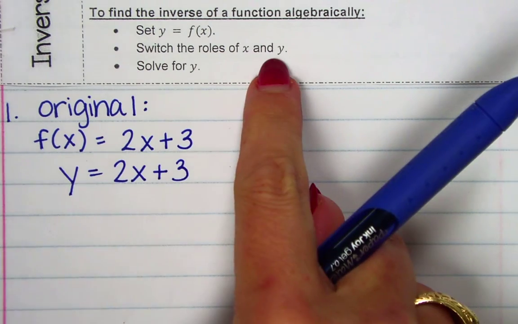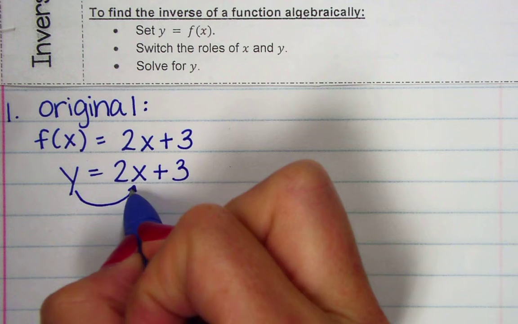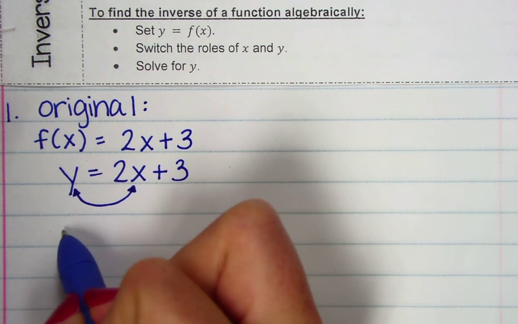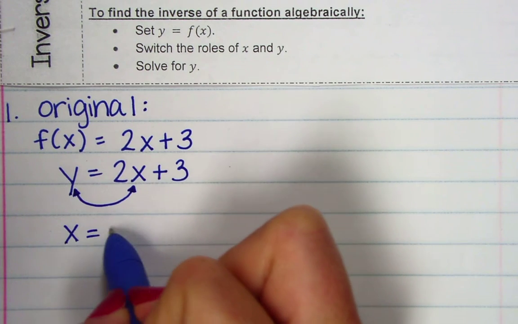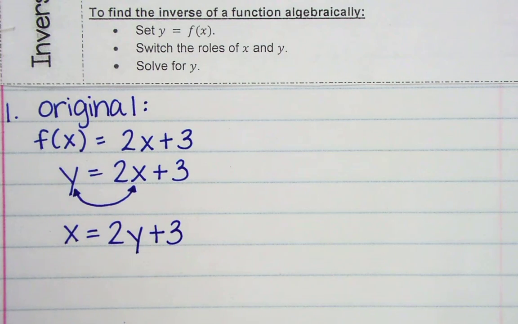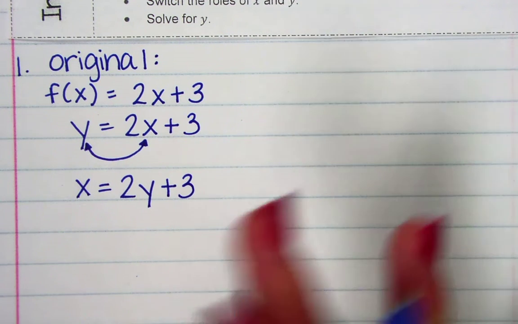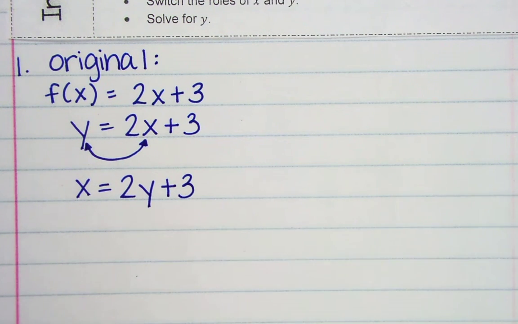Then step 2, switch x and y. I'm going to do this every time. So I'm going to rewrite it. X equals 2y plus 3. Now I'm going to solve for y again. That's how I get my inverse. I undo everything in my original problem, and then I get my inverse.